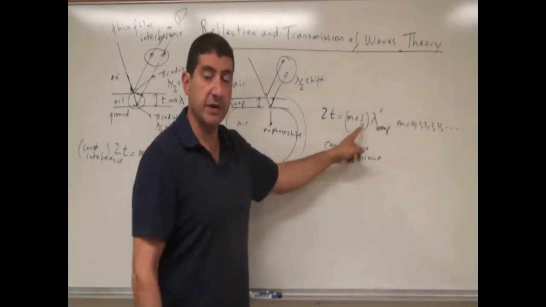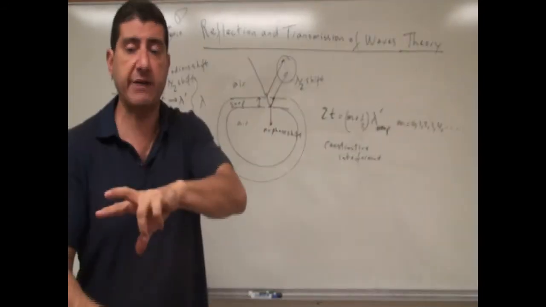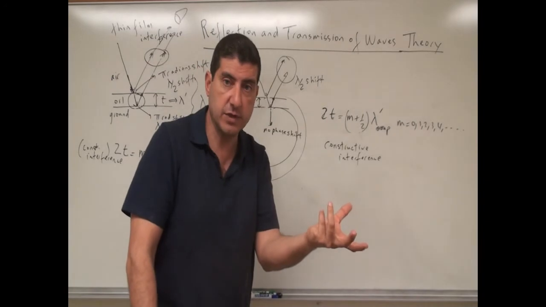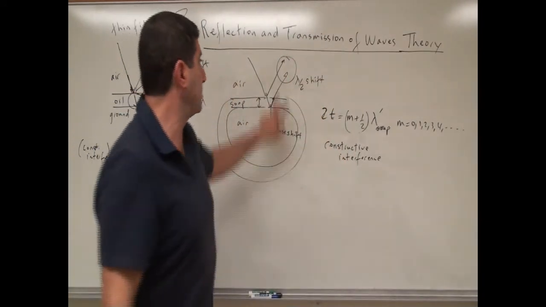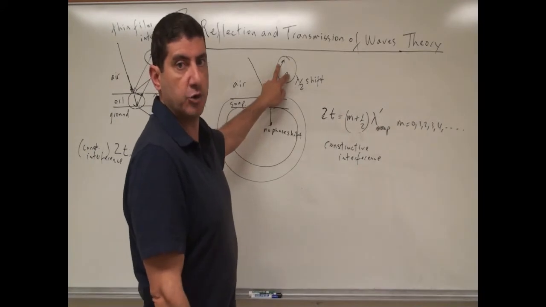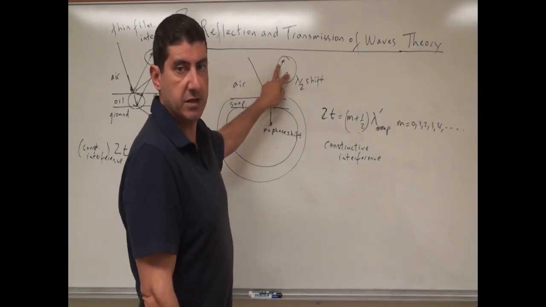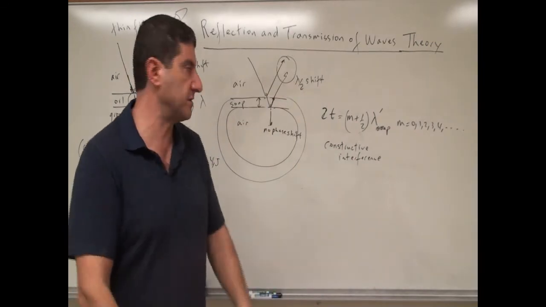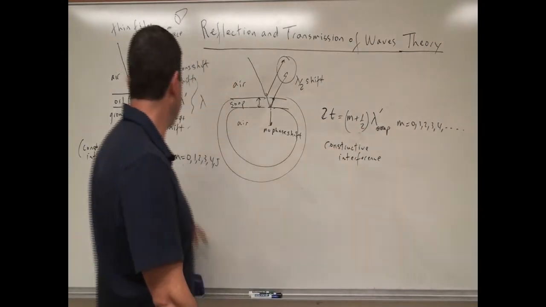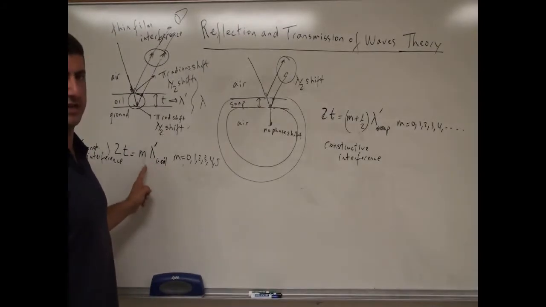If it's half, because one of the waves is already a half off from the other one, right? It's already a peak and a trough. If they're off by a half, then these two waves come here and they both become peak, and they constructively interfere, or they both become trough and they constructively interfere. So this becomes an extra half, and this one does not have that extra half.